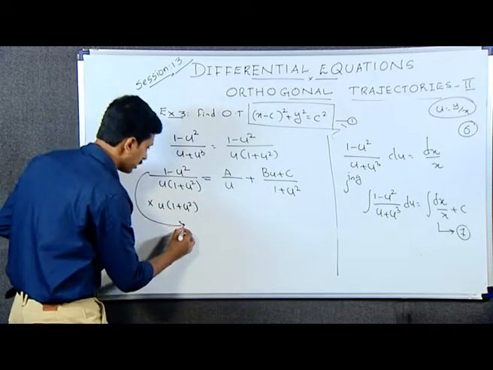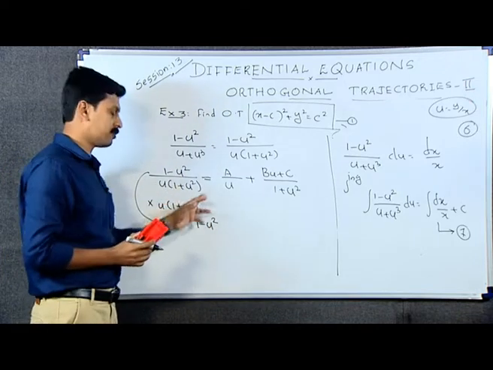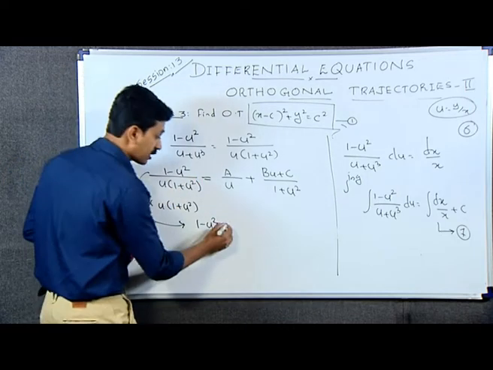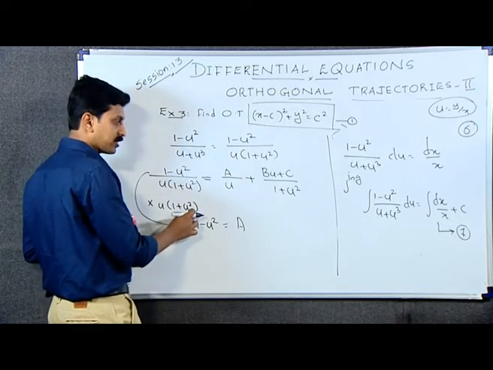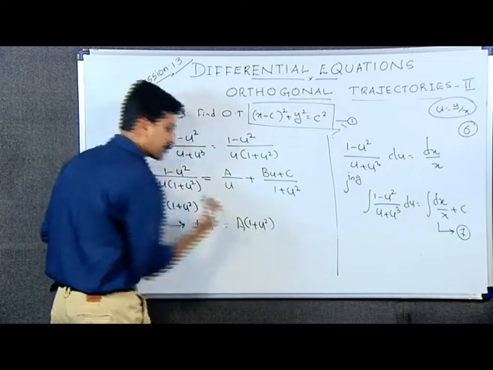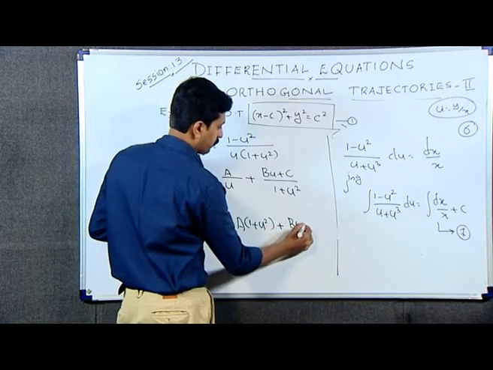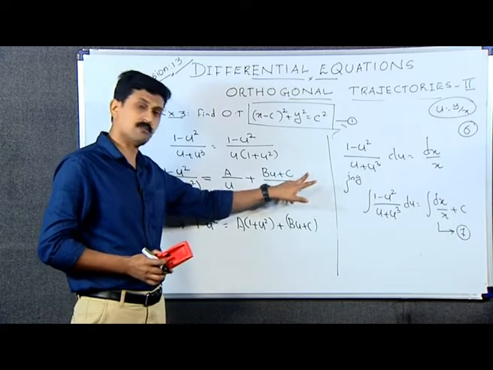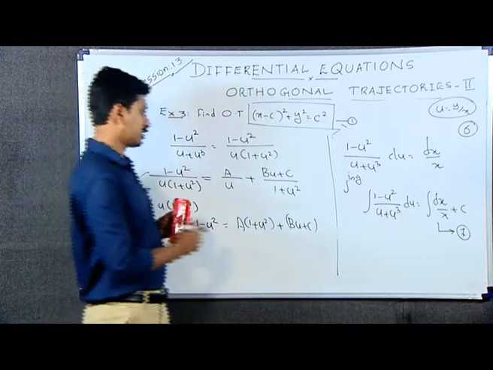Therefore, 1 minus u square remains here as the numerator. On the right, the a term is a into u into 1 plus u square, where u cancels u, so the remaining is only 1 plus u square. Then plus b u plus c, where the 1 plus u square cancels in numerator and denominator, and the only remaining term is u.